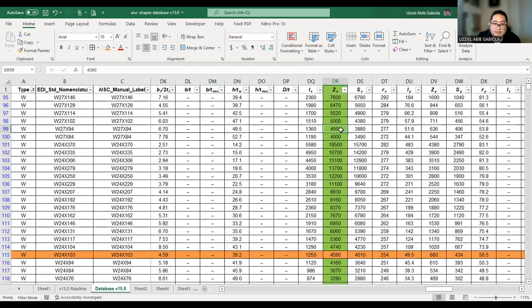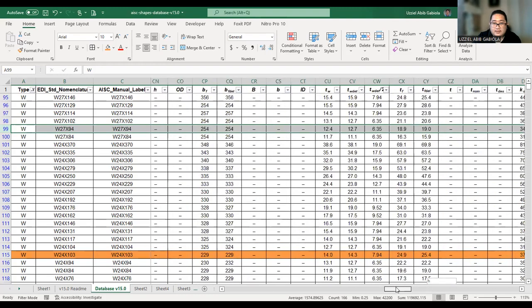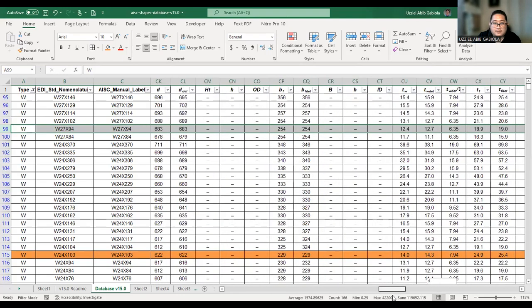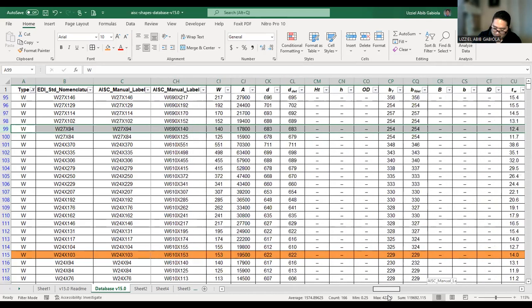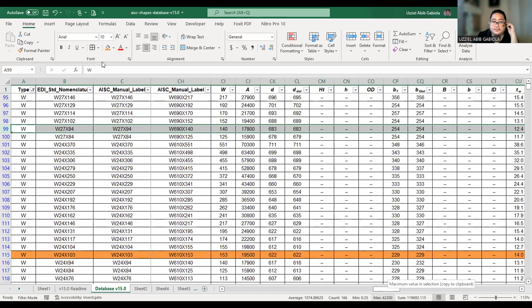Pero 27, 94. Okay? So, lumiit pa din siya. So, W27 by 94, and then 4560 times 10 cube. Then yung weight natin sa kanya is 140. Okay?